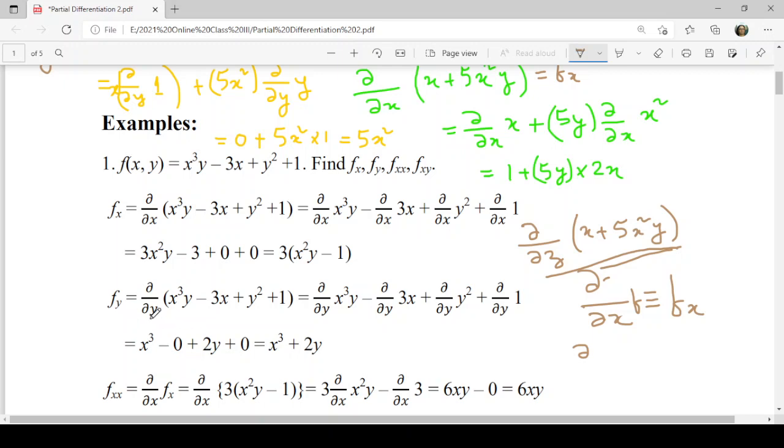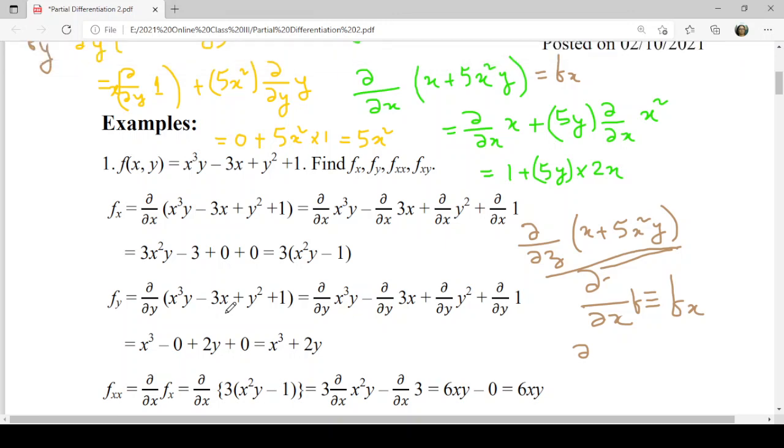And in a similar way, this fy is the partial derivative of this with respect to y. In this case you are to take this x cube outside, then partial derivative of y with respect to y, so del y of y, the value is 1.